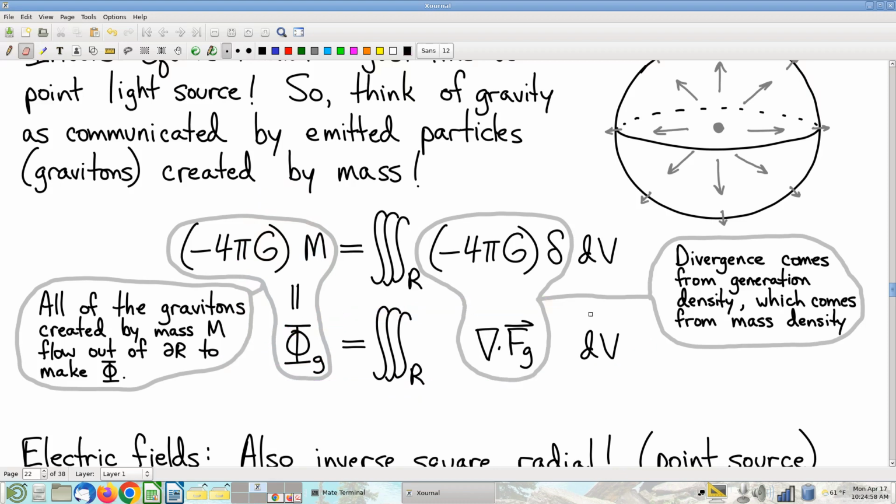And so what this gives us is a nice, connect-the-dots inference, which is that you can interpret from this what divergence looks like physically. The divergence of the gravitational field is proportional to mass density. The more dense the mass is in a given area, the more gravitational divergence there will be in that area.